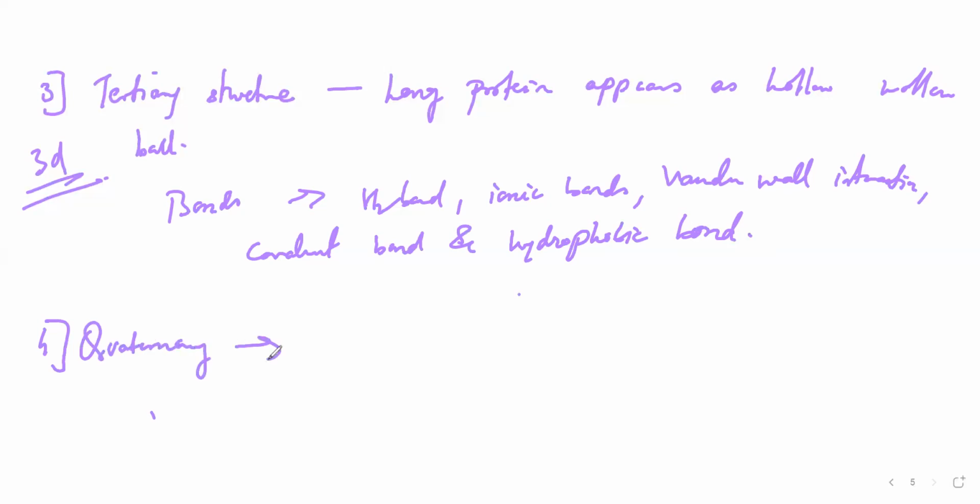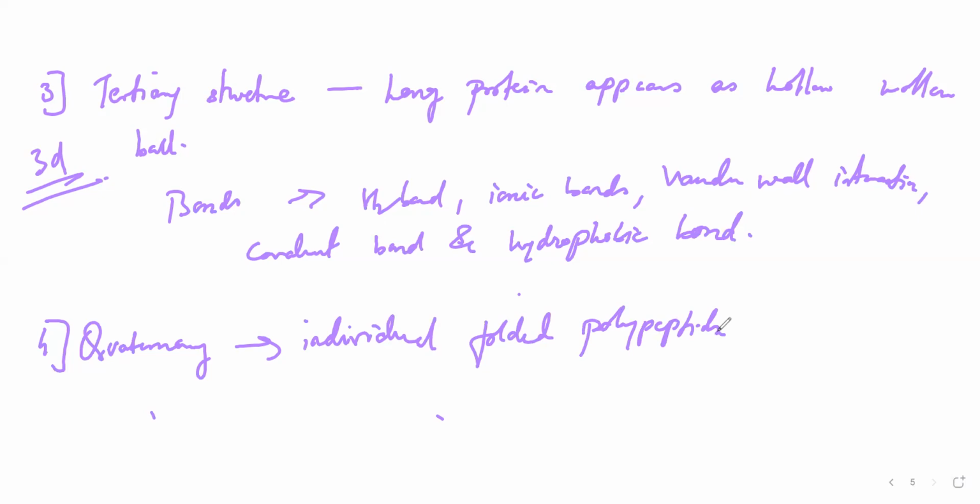Quaternary structure means whatever polypeptide chains are there, they will rearrange themselves and refold themselves. The individual polypeptides which are already present will again fold. This is called the quaternary structure.